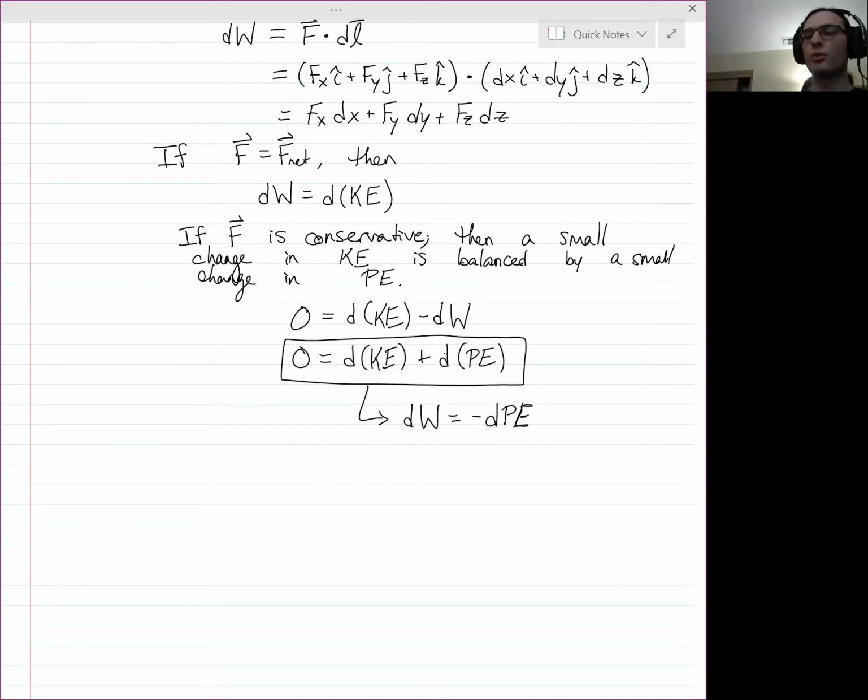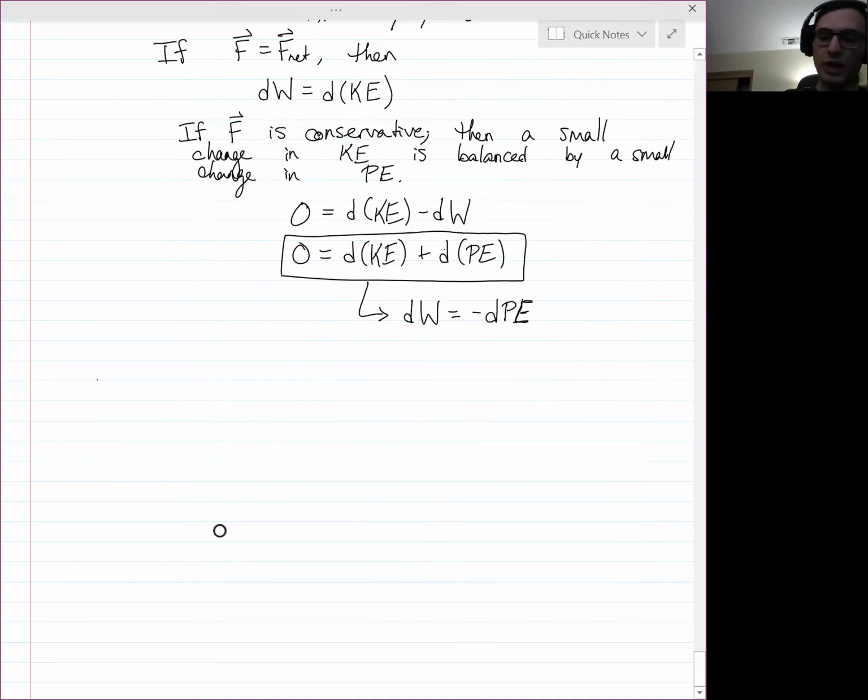So now let's work with an explicit example, and by explicit I mean still symbolic, but more explicit. Now suppose that F is just a force in the x direction. So what does that mean?